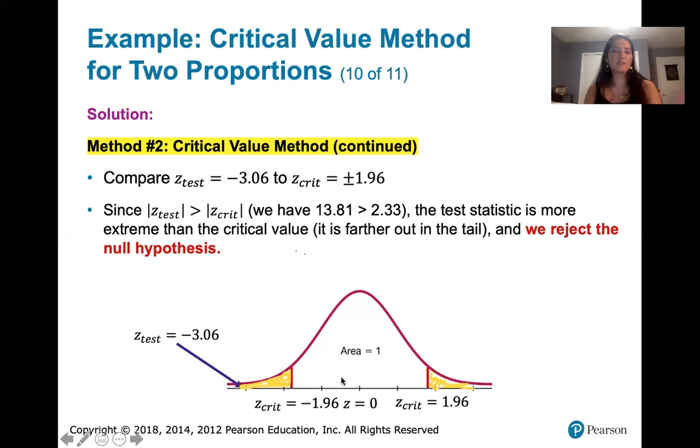If it's farther from 0, that means it's farther out in the tails. So since our absolute value of the test statistic is greater than the absolute value of the critical value, another way of saying that is that the test statistic is in the critical region. So our test statistic is more extreme than one of the critical values, and we're going to reject the null hypothesis.